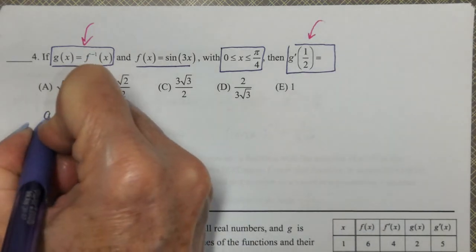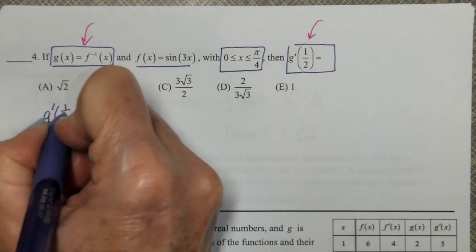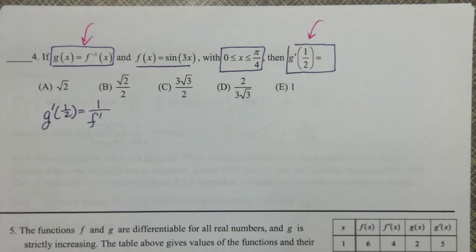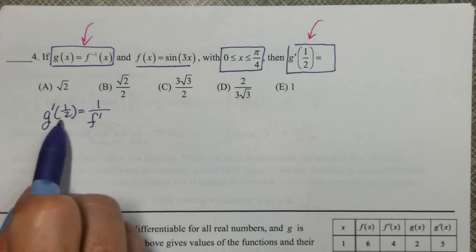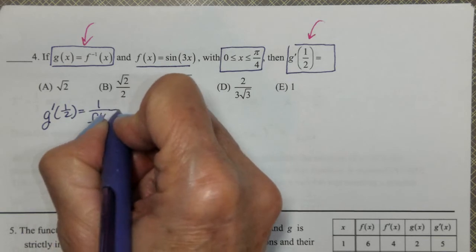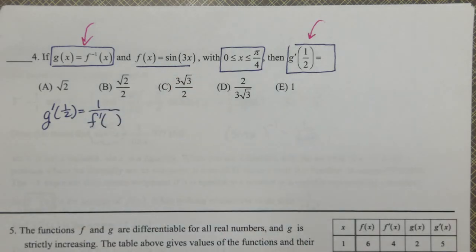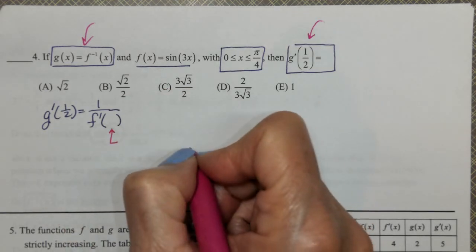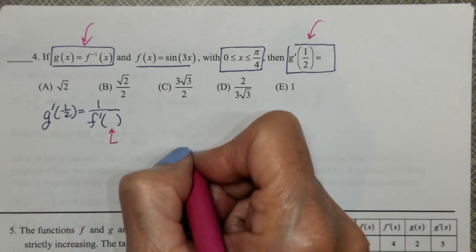So I'm going to write G prime of 1/2 is 1 over F prime at its x value that makes y 1/2. We need to find that x value that makes y 1/2.